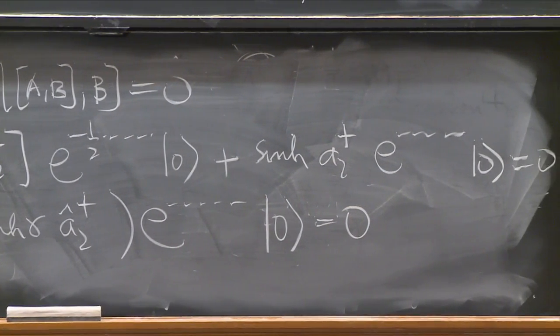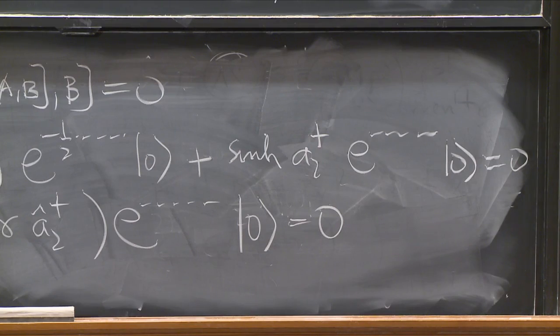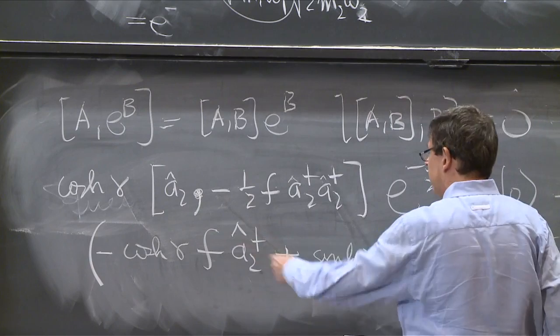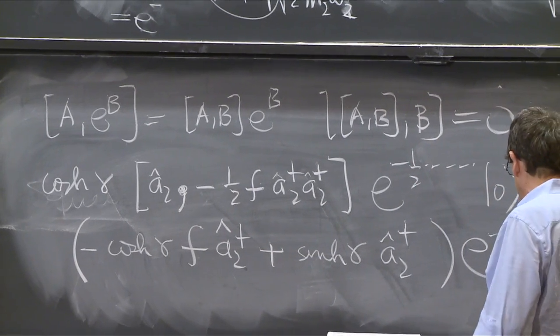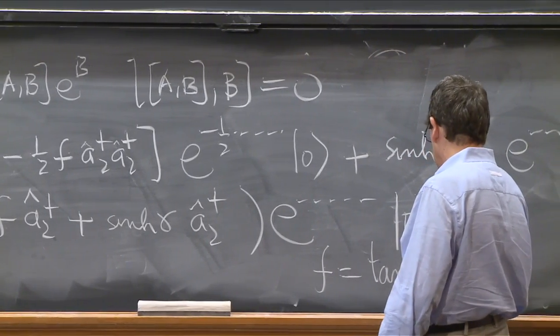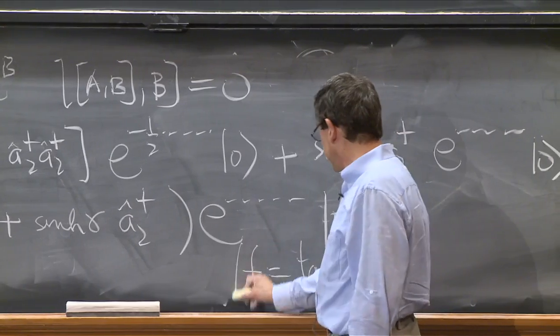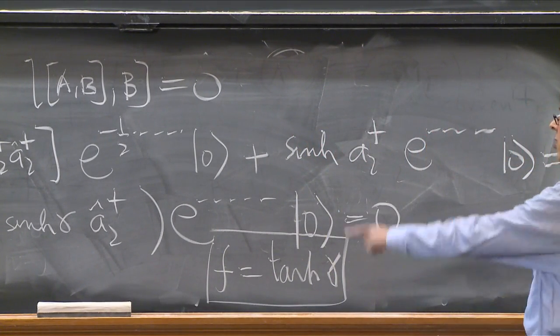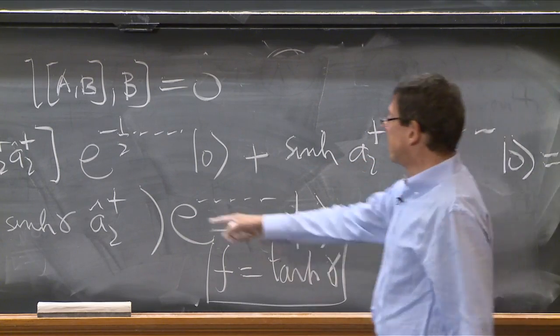And as promised, we were good. We get an A2 dagger, A2 dagger. These 2 terms cancel if f is equal to tanh of gamma, which is sine over cosine, so that these 2 things cancel.